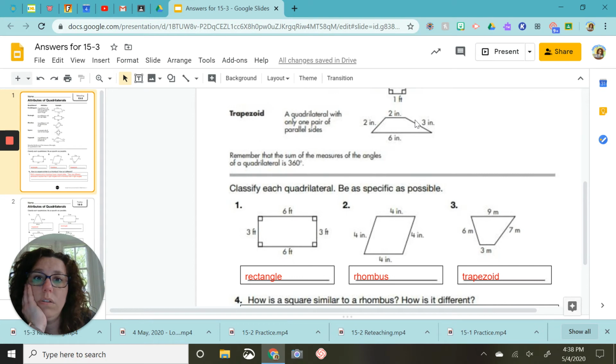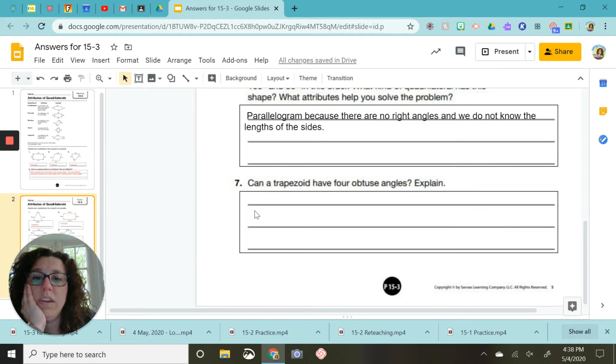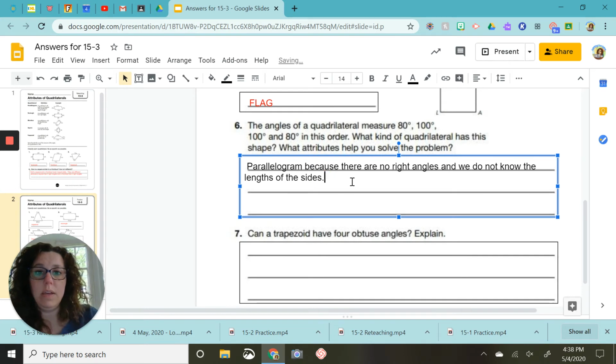Yoinks. I'm not actually sure now that I've got me second guessing myself. I'm going to stick with parallelogram. Actually, we're just going to leave it at that for now.